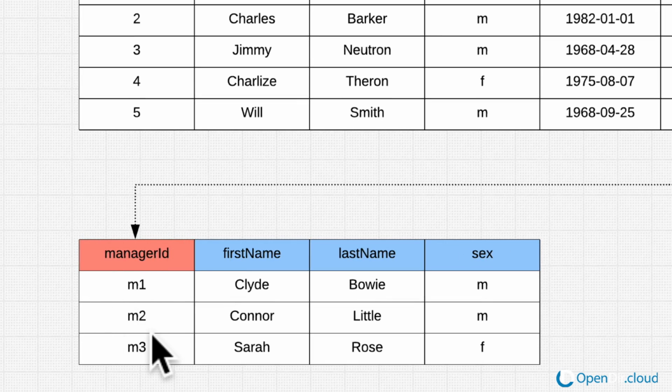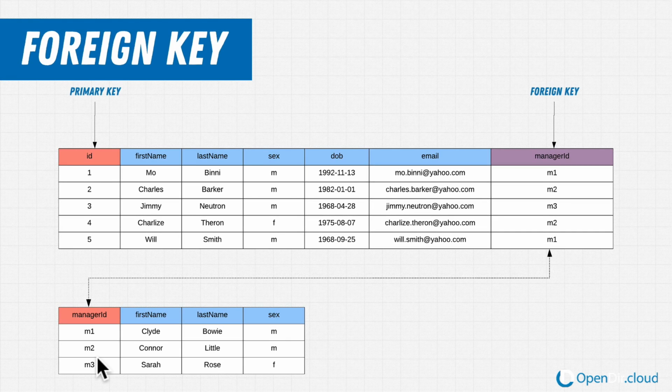And so if I'm going to link that relationship, if I'm going to say, well, you know what? Clyde Bowie is the manager of Mo. Well, then I'm going to have to do that in a certain way. So we see over here in orange, the manager ID being the primary key of managers, M1, M2, M3. And so over here, we see the primary key, Mo Bini 1. And the manager of Mo Bini is done by drawing a relationship to manager ID.